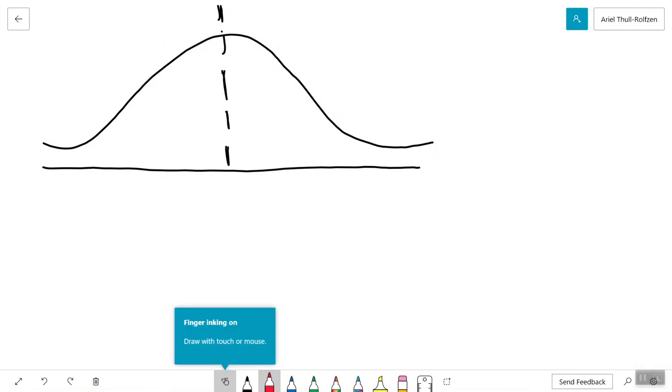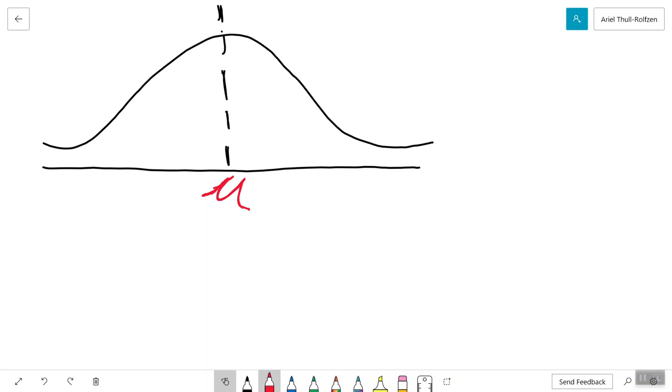I'm going to say, okay, if I were to put any value in the middle of my bell curve, what would it be? The correct idea is that the curve peaks at the mean, mu. When we calculate our mean, we add everything up, divide it by n, and we get mu.